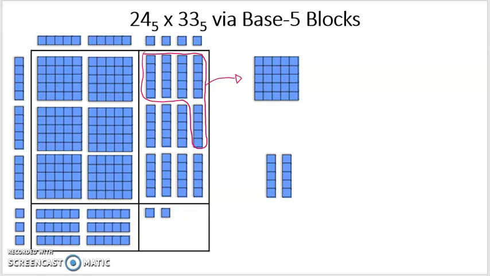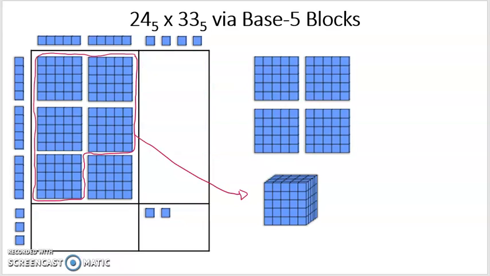I have 12 in this little box right here, 12 longs there. I've got 6 longs in this bottom down here, and I've got these 2. So 12 and 6 is 18, and 2 is 20. So I've got 20 longs. So I'm going to exchange 5 longs for a flat, and I've got 20 longs.